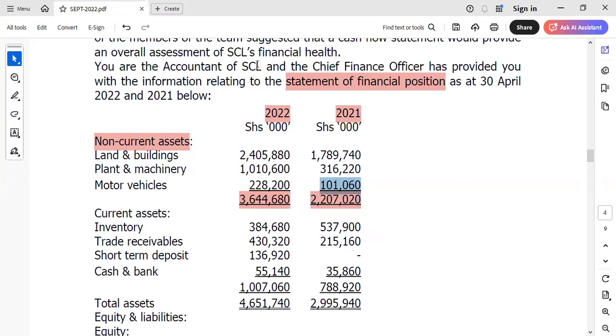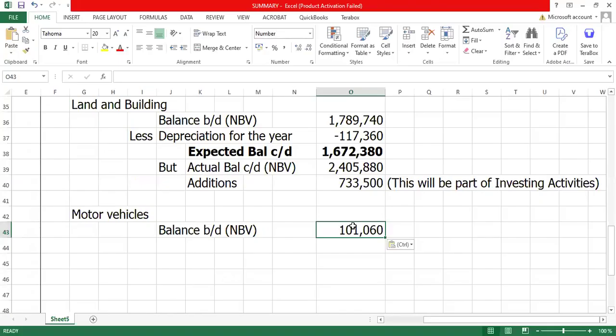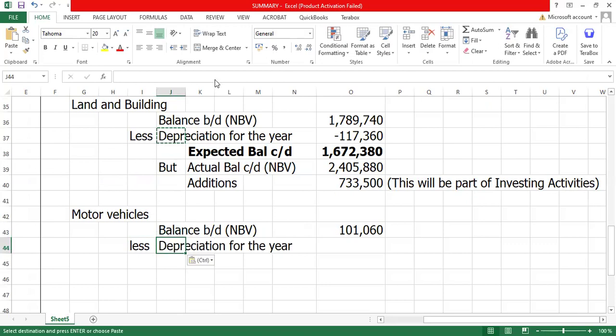When you are familiar with these ones, the flow doesn't change. So you don't have revaluation gain. You simply less the depreciation for the year. And what was the depreciation for the year here when it comes to motor vehicles?